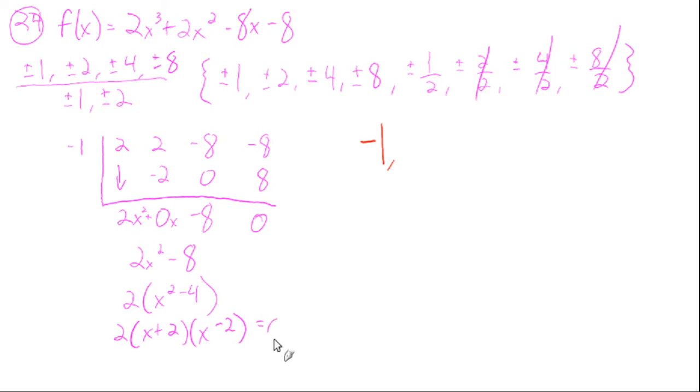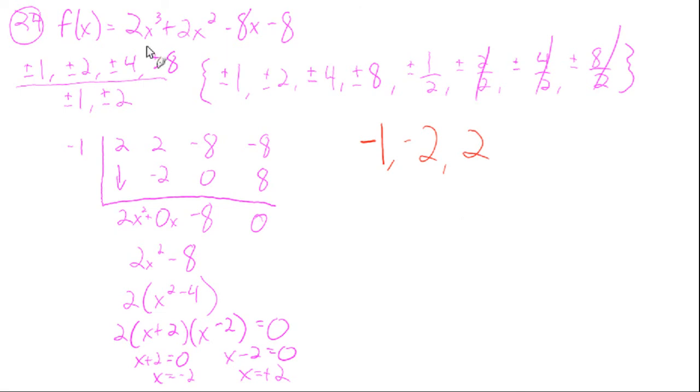And we'll just set that equal to 0 because we want to find the zeros. So x plus 2 equals 0, or x minus 2 equals 0. So we get x equals negative 2, x equals positive 2. Okay, so we get negative 2 and 2 as the other 2 zeros.